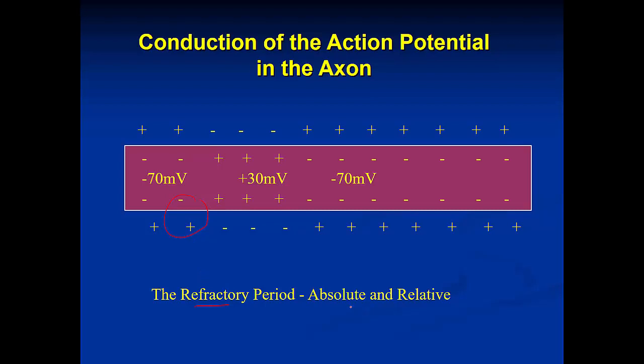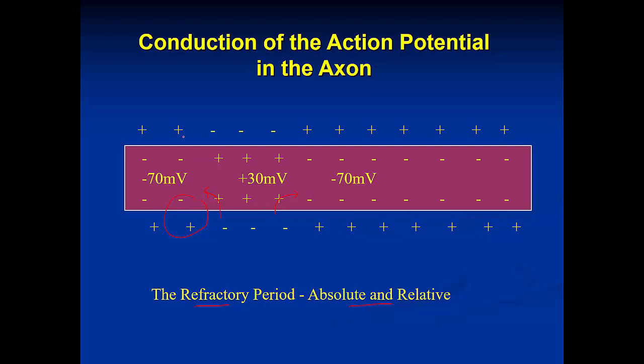We're not really going to distinguish absolute from relative refractory period for this class. Just know that they're not capable of opening. So in this situation, charge leaks this way, charge leaks this way. The reason we don't get voltage-gated sodium channels opening and the action potential going back toward the cell body is because these are refractory. Here, though, they open and they propagate down.